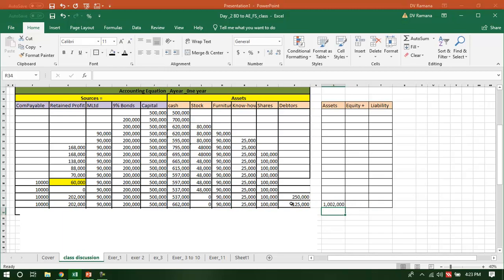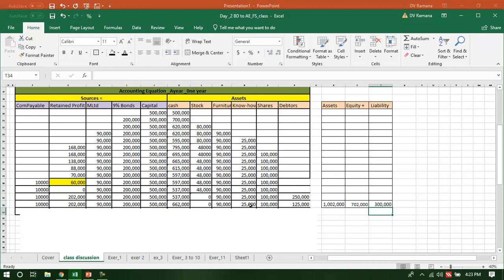And equity is equal to capital plus retained profit, ignoring the tax, and the liabilities are 9% bonds plus M Limited plus the commission payable.